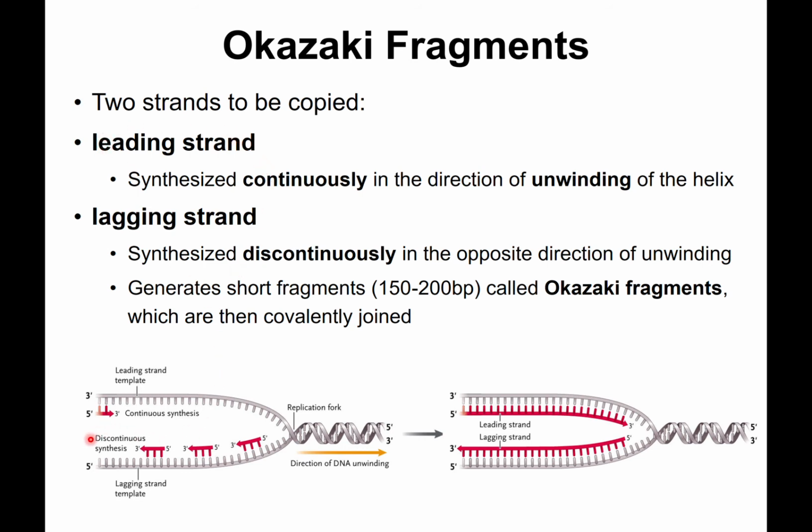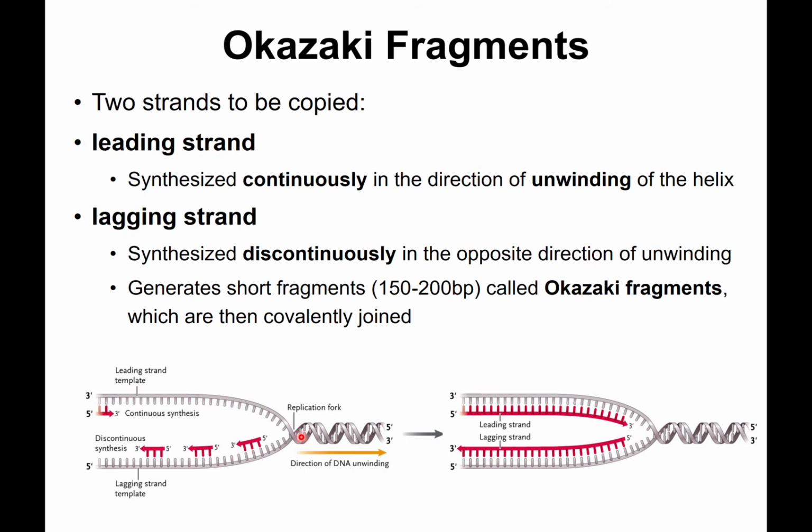In the opposite strand instead, you have these RNA primers that get extended by DNA polymerase 3. But then when the DNA opens up here, you can see that DNA polymerase cannot continue because it cannot work in the 3' to 5' orientation. It can only work in the 5' to 3' orientation, right?